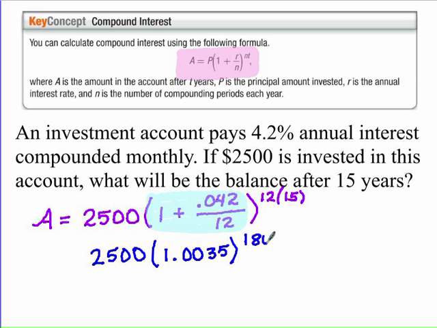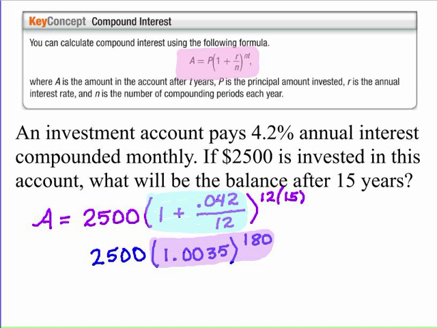180. So now the next step you're going to do is calculate this. You will not multiply by 2,500 till the final step. So go ahead and calculate 1.0035 to the 180th power. When you get an answer, take that answer times 2,500.